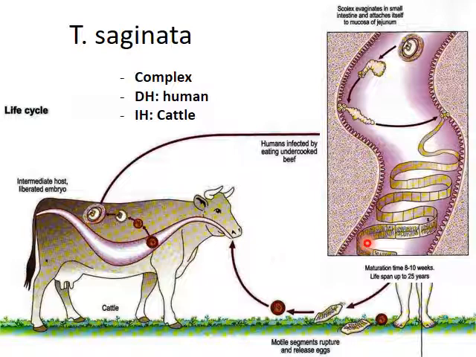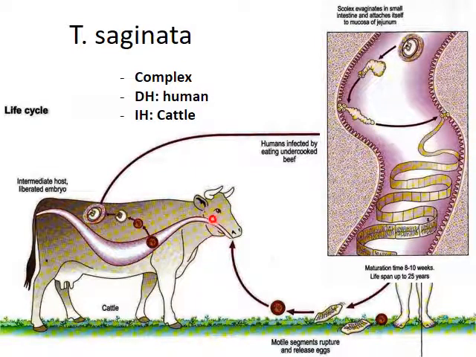Now these gravid segments or eggs of the Taenia pass in the feces, and the eggs are then consumed by the cow while grazing on grass.